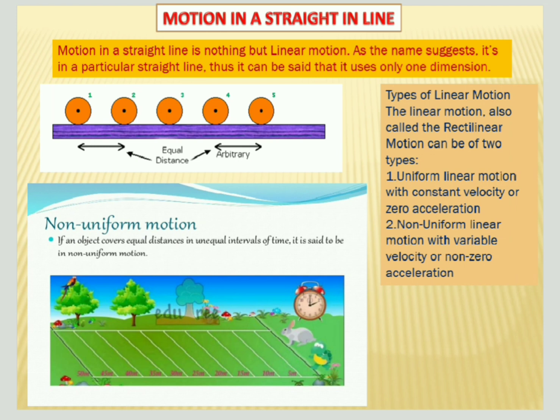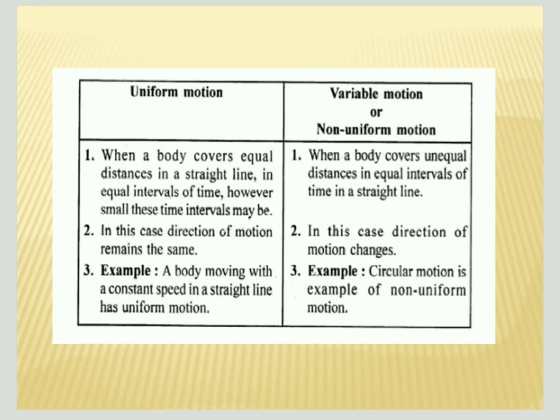Uniform motion means when a body covers equal distance in equal interval of time. But in non-uniform motion, an object covers equal distance in unequal interval of time. It is said to be non-uniform motion. Here you can also see when a body covers unequal distance in equal interval of time. I have already explained that with the car diagram and the car example.